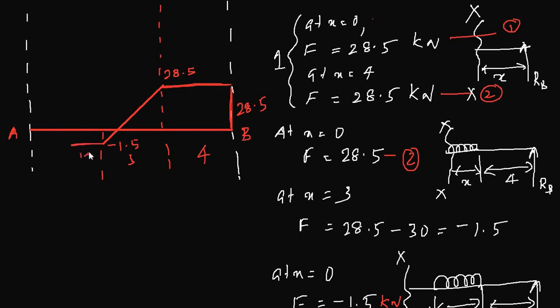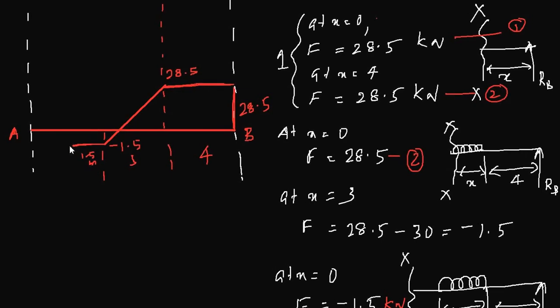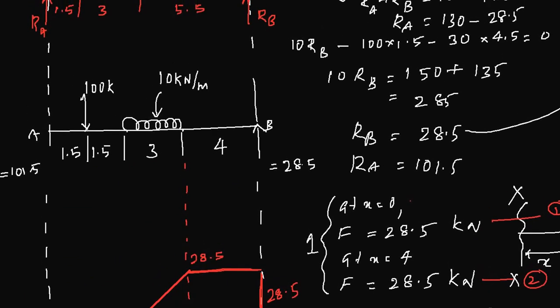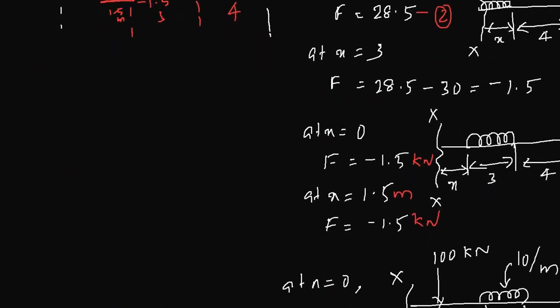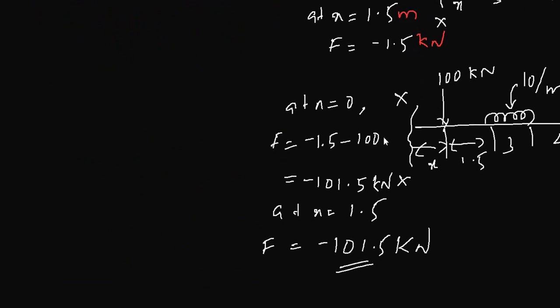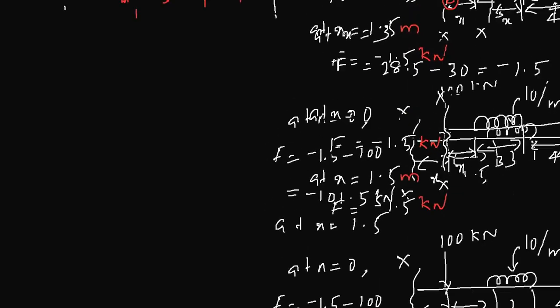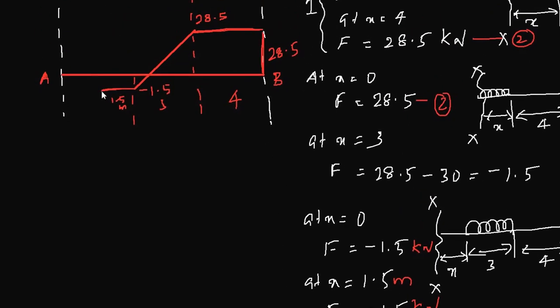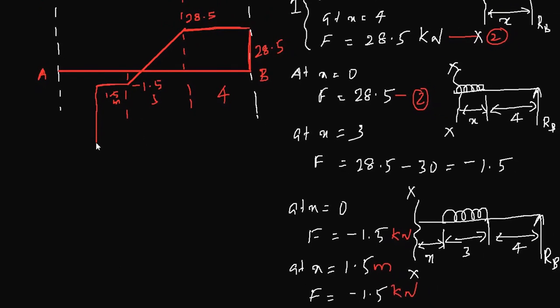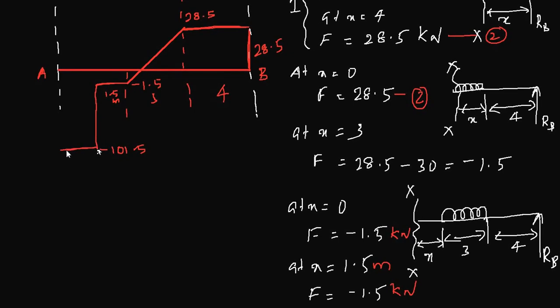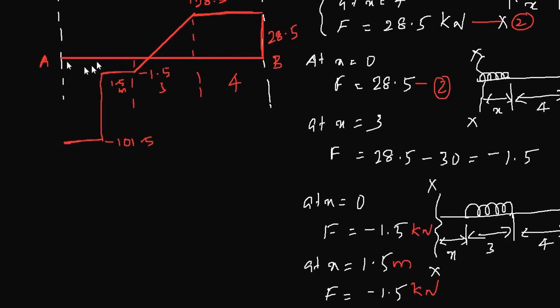This is 1.5 meter, and at this point you have another force which is 100 kilonewton acting downward, so you add that 100 kilonewton to the minus 1.5 in the third state here, so the force is minus 101.5. So you have another force coming down to minus 101.5, and until you reach the end point, which is A, you keep the same force because there is no other force in between these 2 points.